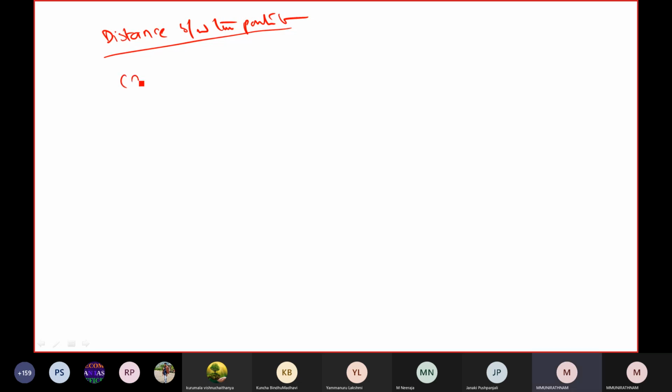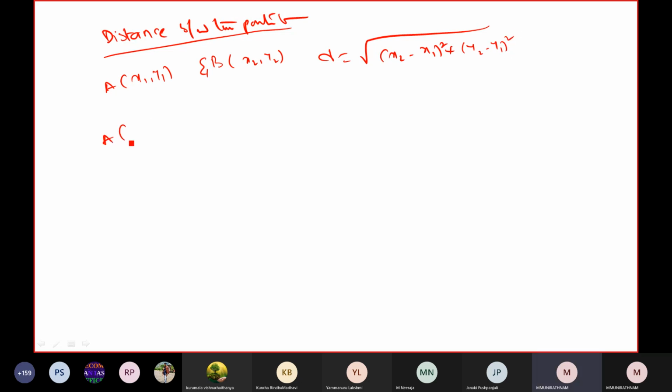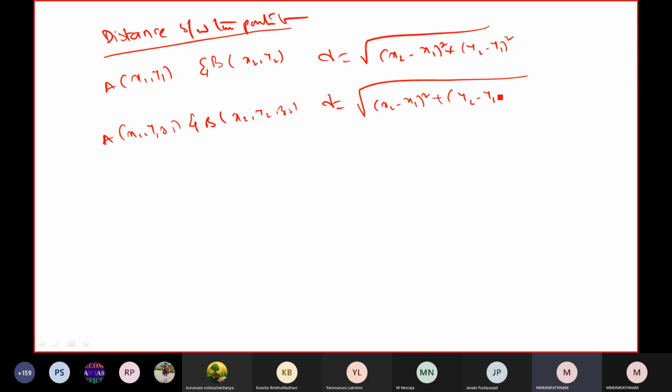So if A is x1, y1 and B is x2, y2, then the distance D is the square root of (x2 minus x1) whole square plus (y2 minus y1) whole square. If A is x1, y1, z1 and B is x2, y2, z2, then D is root of (x2 minus x1) whole square plus (y2 minus y1) whole square plus (z2 minus z1) whole square.